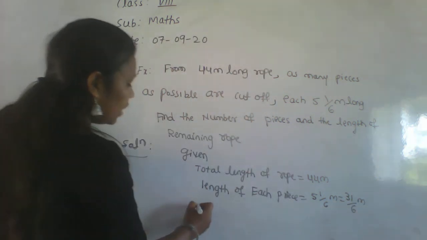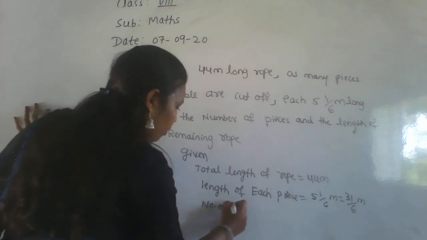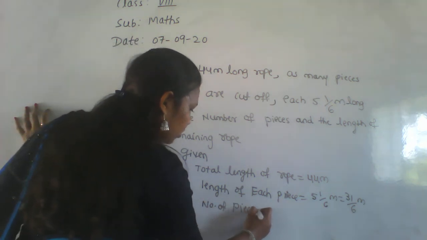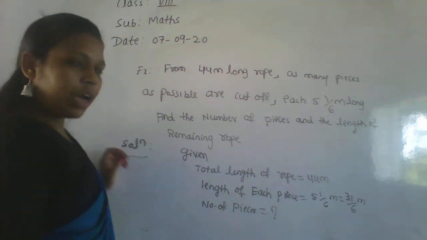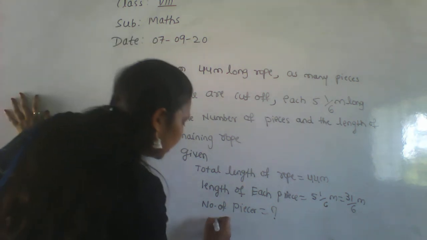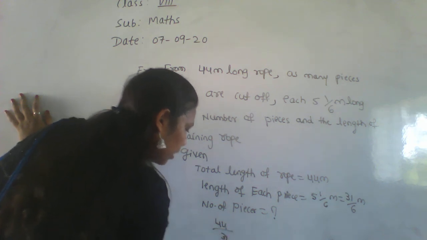Okay. So next you have to find the number of pieces, that is equal to question mark. For this we have to do the division. That is 44 divided by 31 by 6.